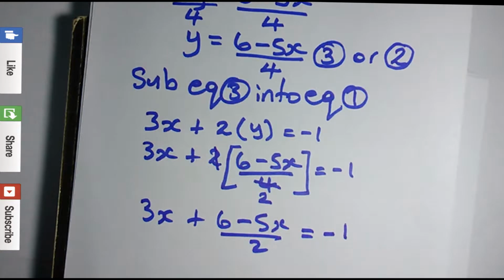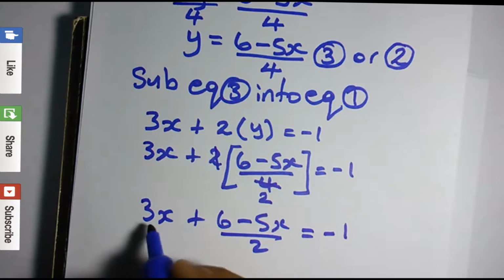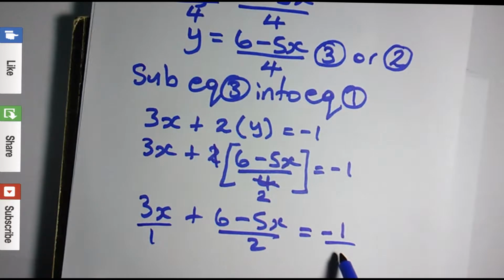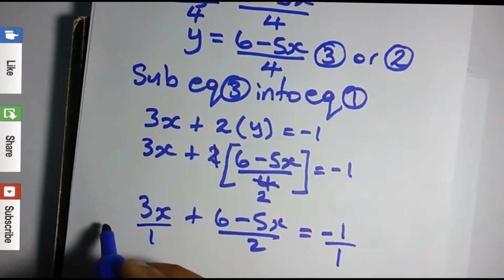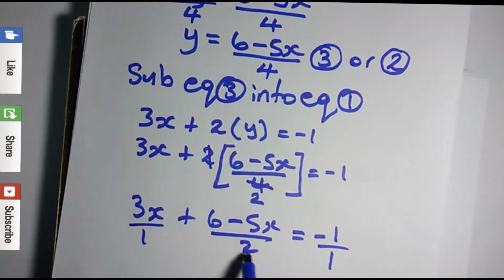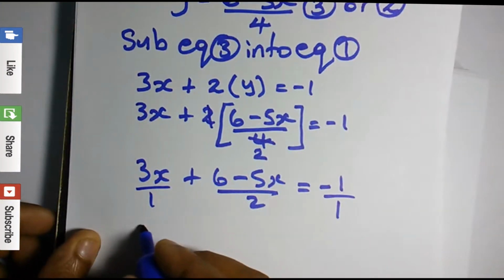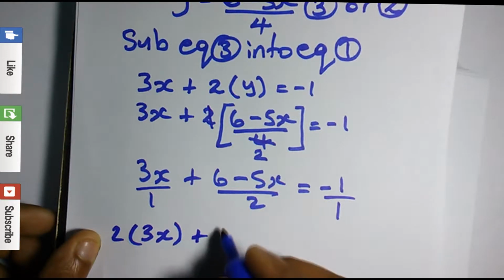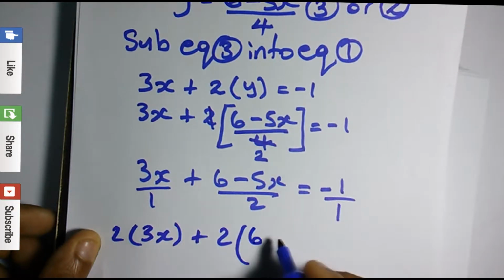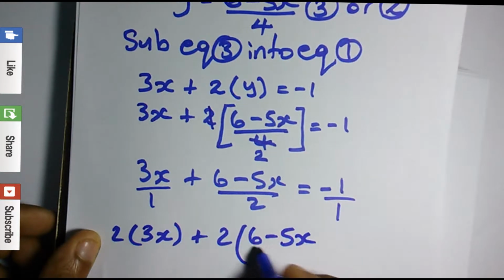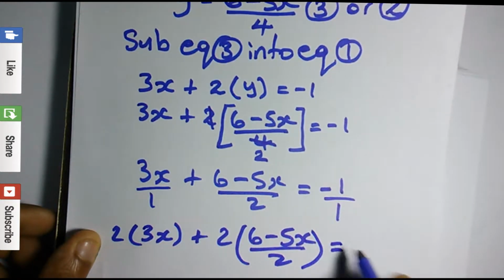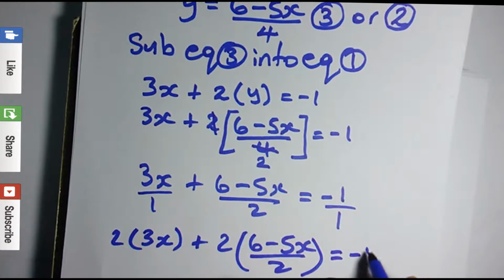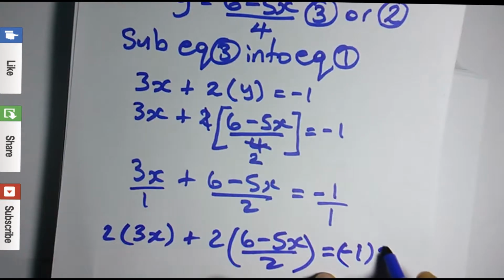Now, with this particular question, if you realize it has a fraction. This 3x has a denominator of 1, this -1 has a denominator of 1, so I'm going to multiply everything by the LCM. In this case, the LCM would be 2. So I'm going to multiply: 3x times 2, plus 2 times (6 minus 5x) over 2, equals -1 times 2.